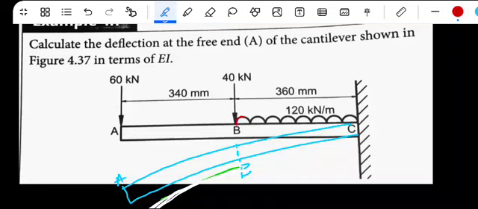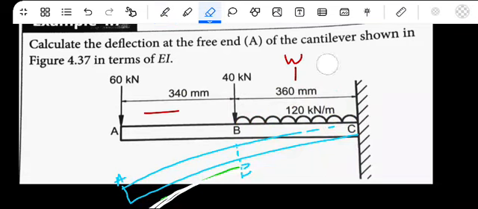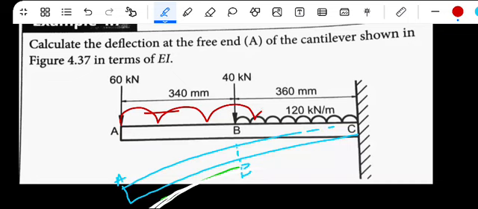Have our distributed load. So we know, remember, if you have W like that, we'll have the additional deflection due to this distributed load. If it's from the free end, then we'll not have the additional deflection.